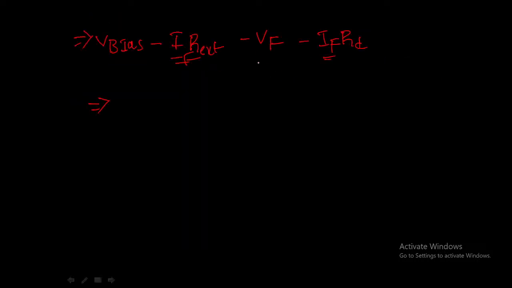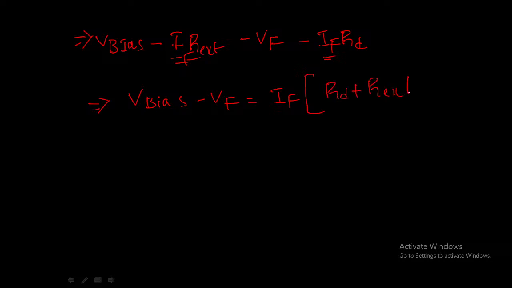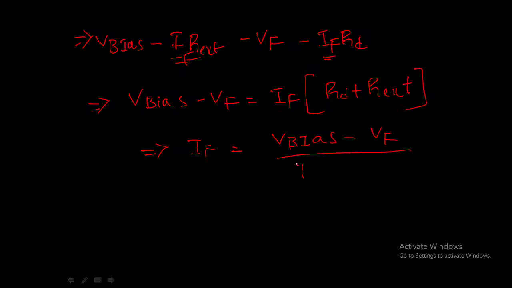If you solve this equation, you will get V bias minus VF equal to IF into (RD plus R external). So finally IF is equal to (V bias minus VF) divided by (RD plus R external).